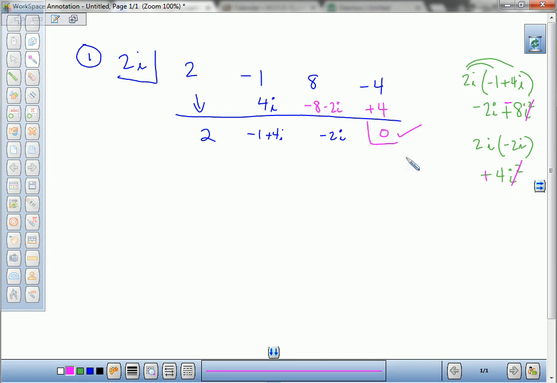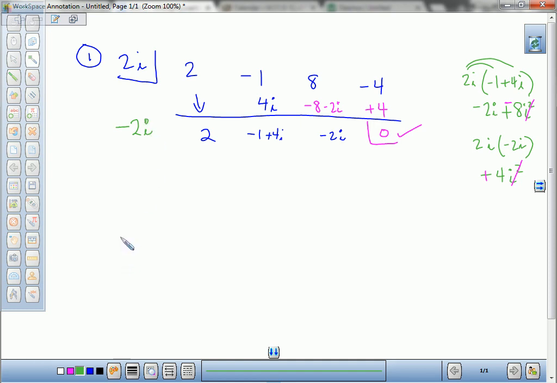Okay. Now, all I told you was 2i is a root. And that's not enough. But the weird thing about imaginaries is if 2i is a root, its conjugate has to be a root too. So if 2i is a root, then you automatically know that -2i has to be a root too.